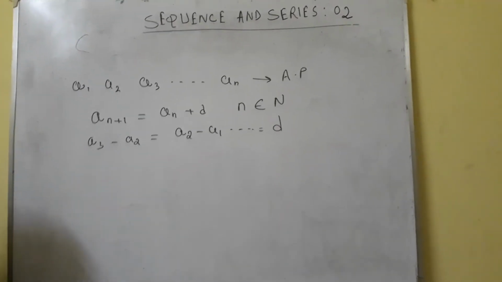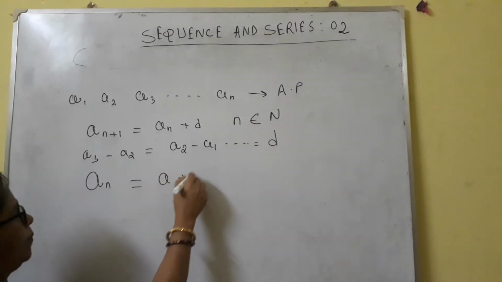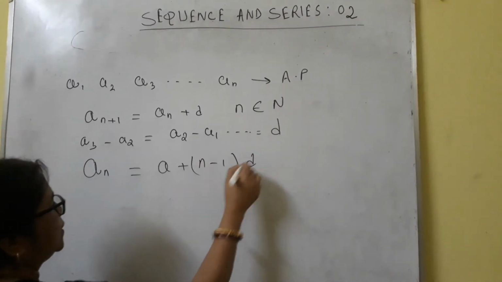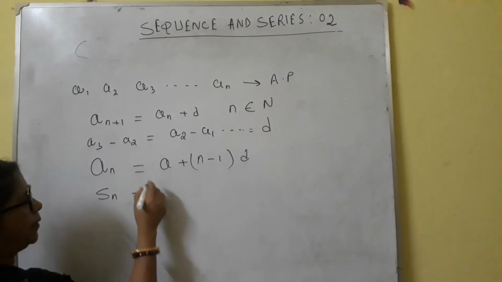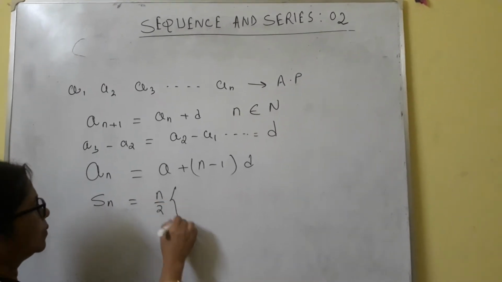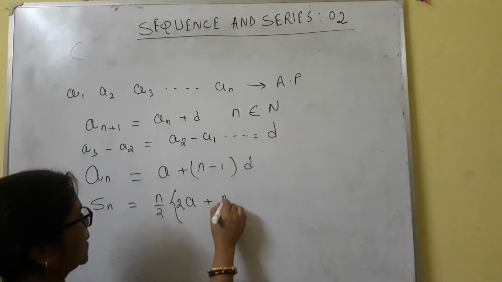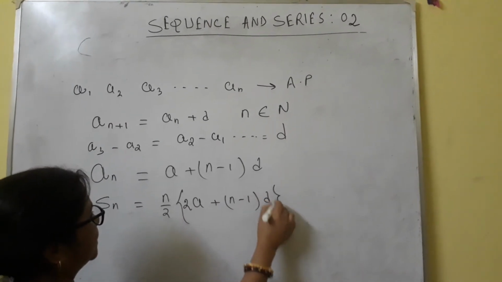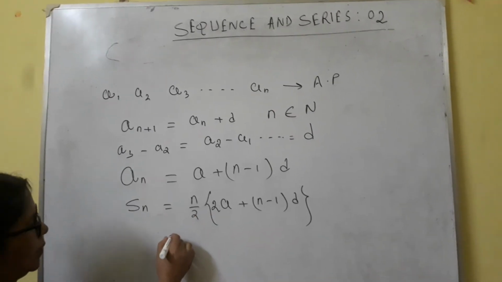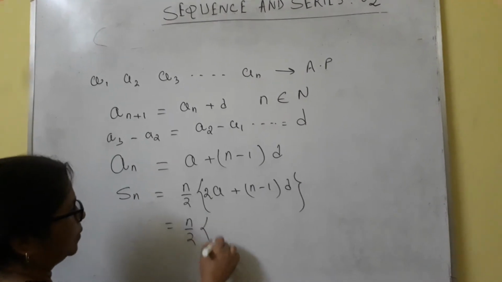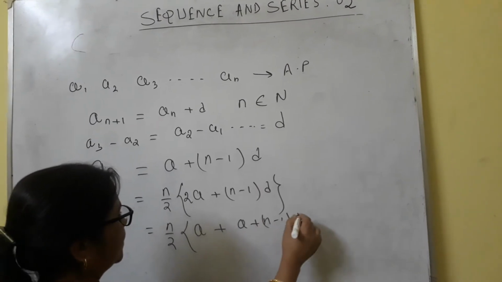Now the nth term or general term of the AP, AN, is denoted by A plus (n minus 1) into D. The sum of the first n terms is denoted by n by 2 into (2A plus (n minus 1) into D).